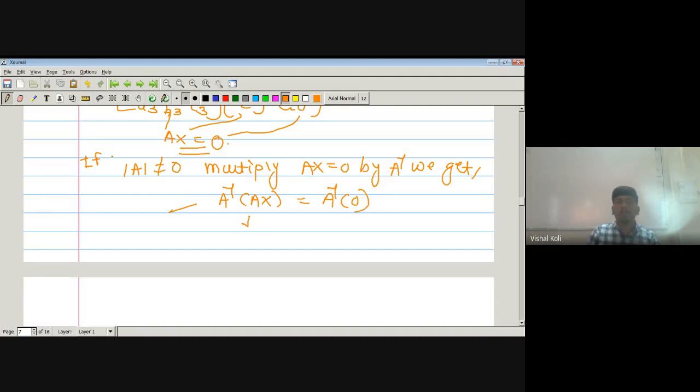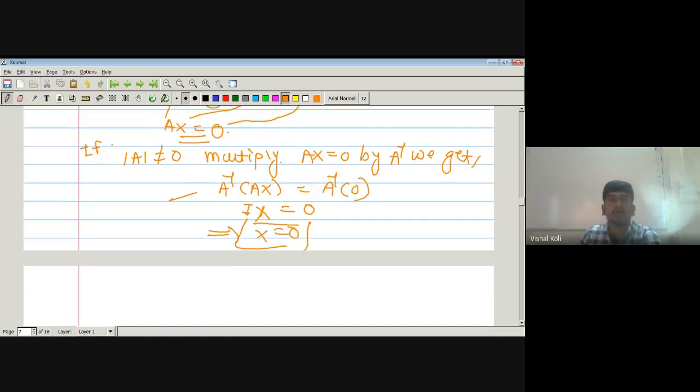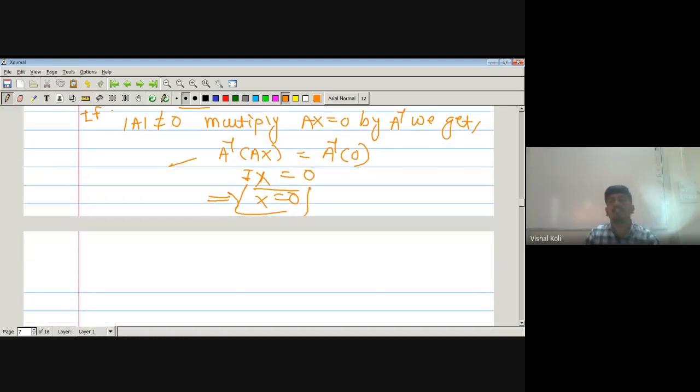A inverse into A is I, so I into X is equal to anything into 0 will be 0, which implies X equal to 0. So if the given matrix is a non-singular matrix, then the given system has only one solution, which is X equal to 0, and such a solution is called a trivial solution.